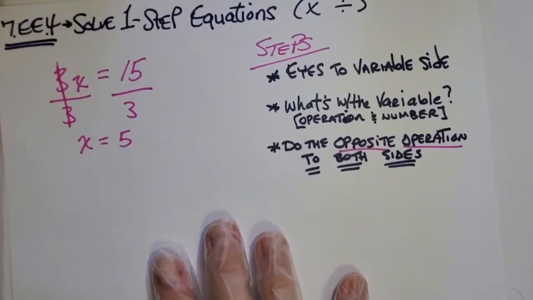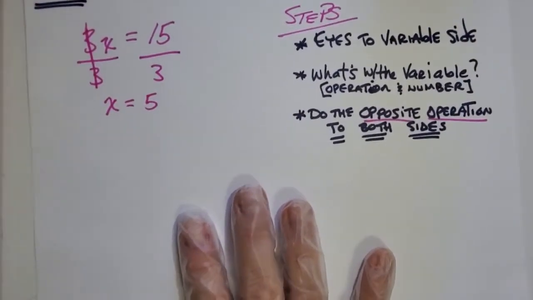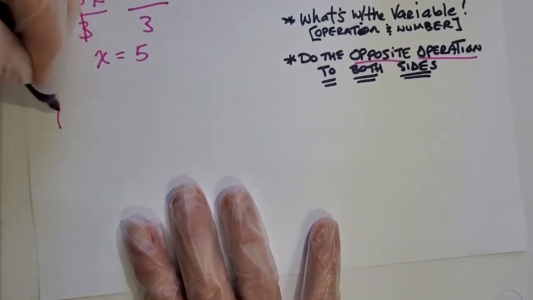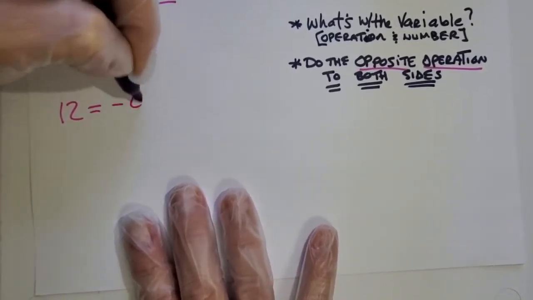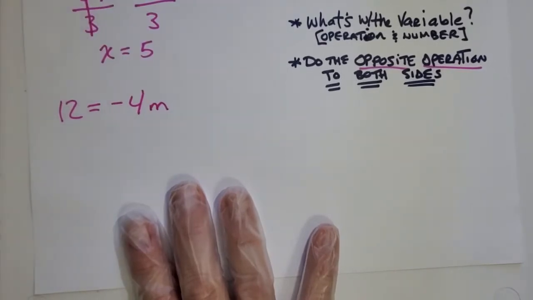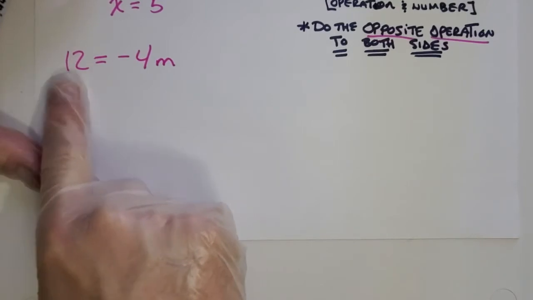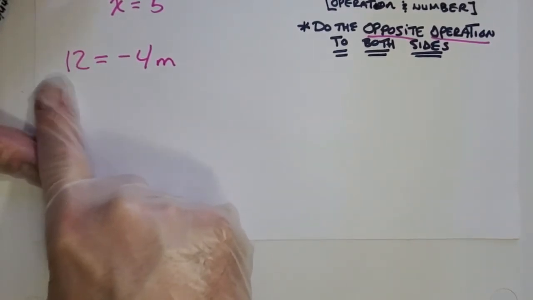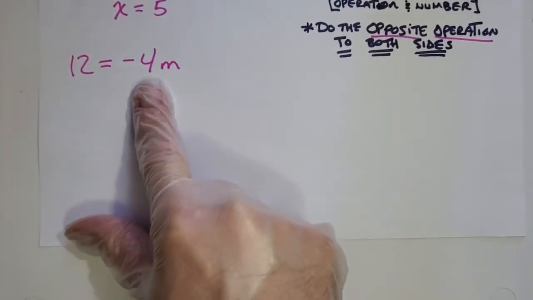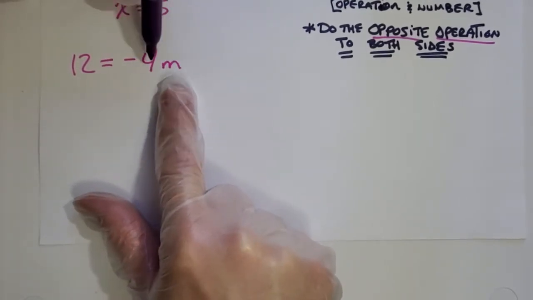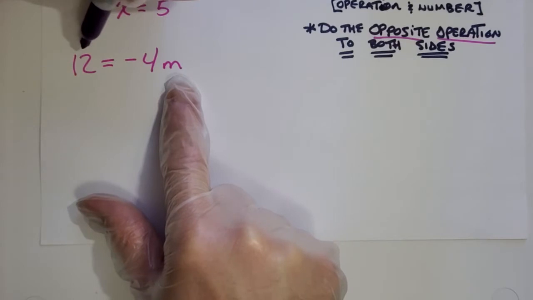Let's say we were to do one like this: 12 equals -4 times m. This shouldn't freak you out. Take your eyes to the variable side. You take a number and multiply it by -4, and it becomes 12.